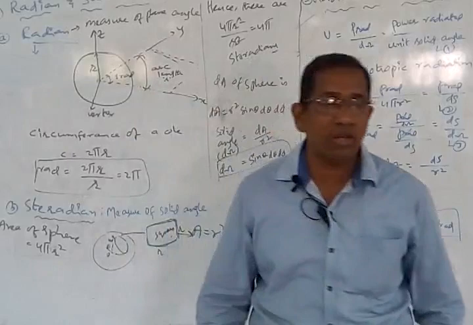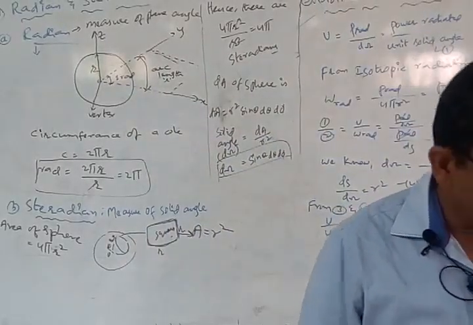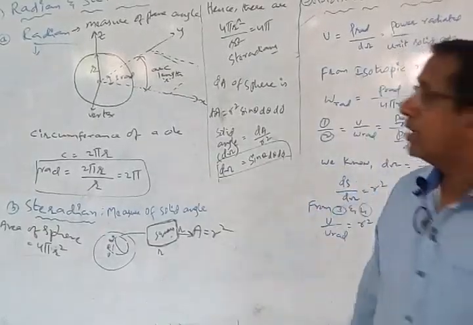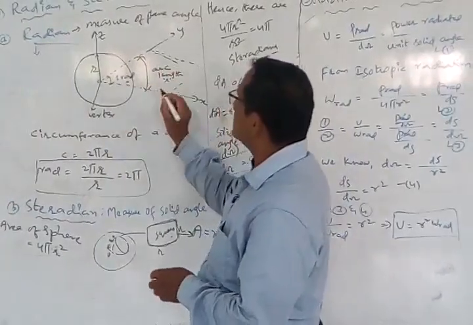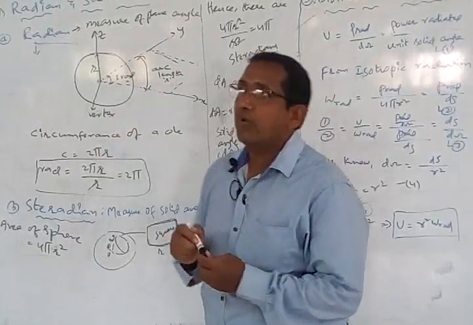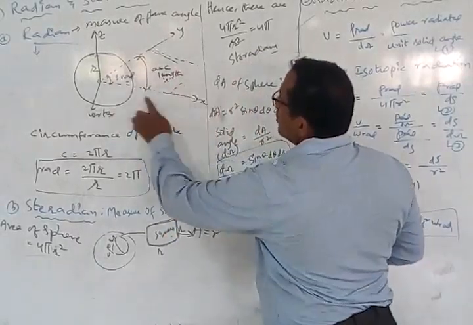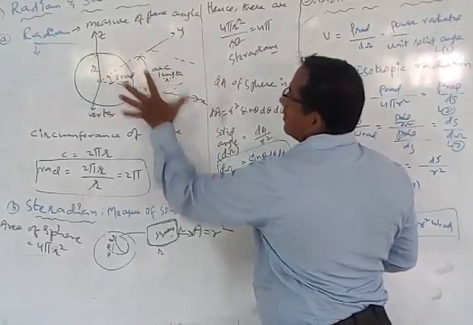So how can we define a radian now? 1 radian is defined as the plane angle. Why is it called a plane? Because you can form a plane now. I have just formed a plane, an imaginary plane in free space.